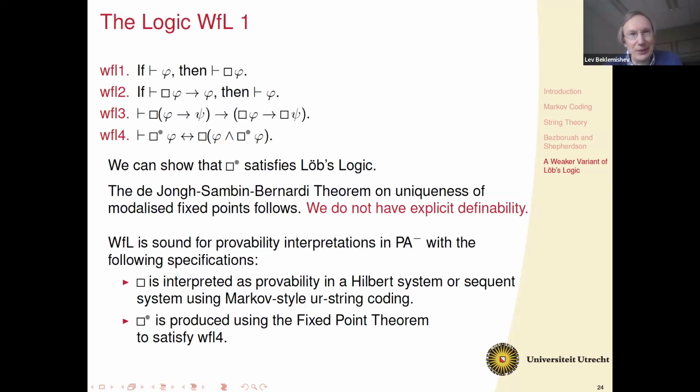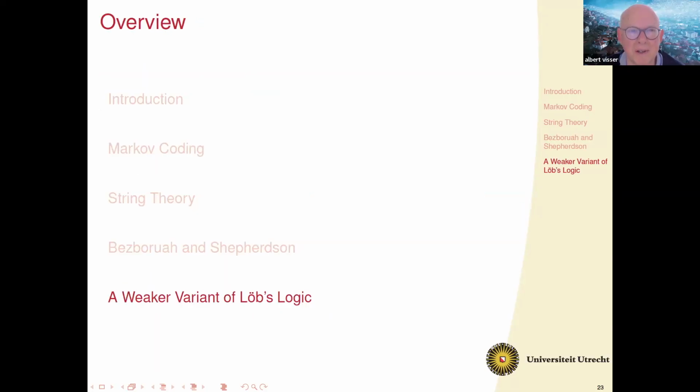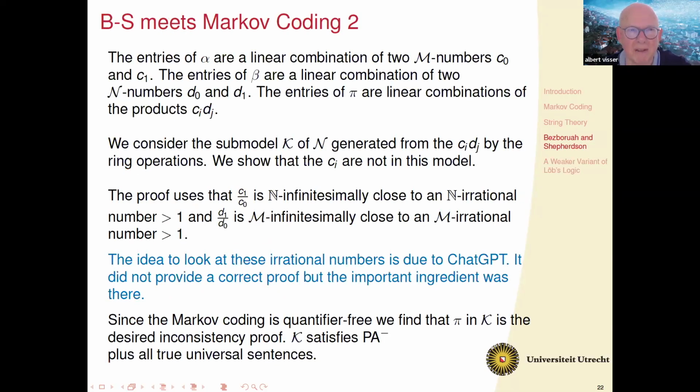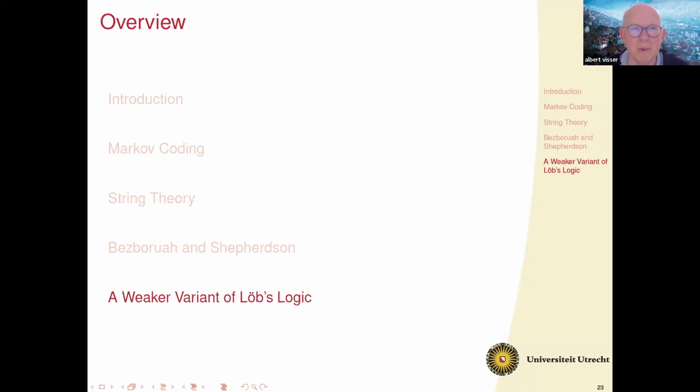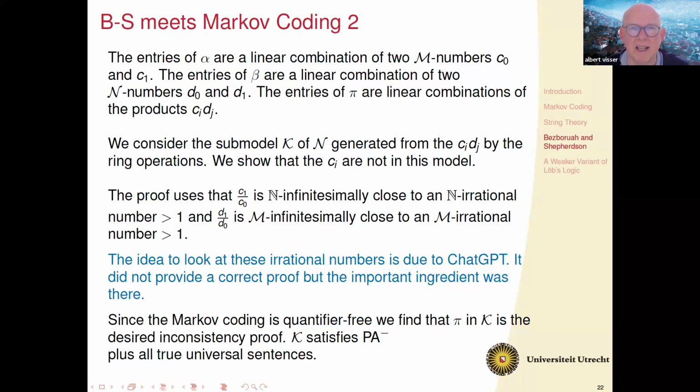Now, I have this little paper about the Bezboruah-Shepherdson theorem, and our great friend Kreisel criticized this, saying you cannot verify the Löb conditions, and hence it's worth nothing, because it makes no sense to ask about consistency statements in the absence of the Löb conditions.